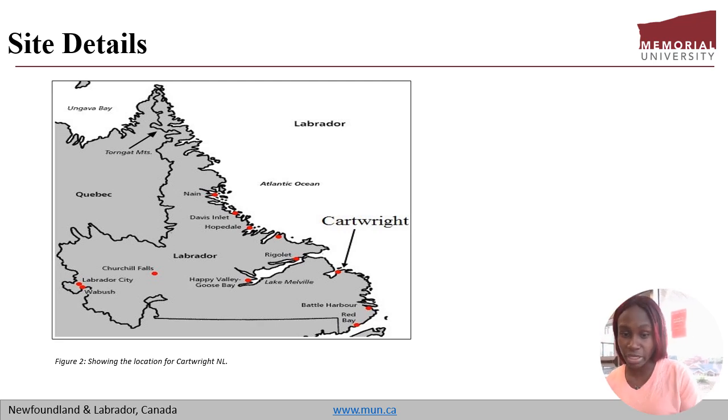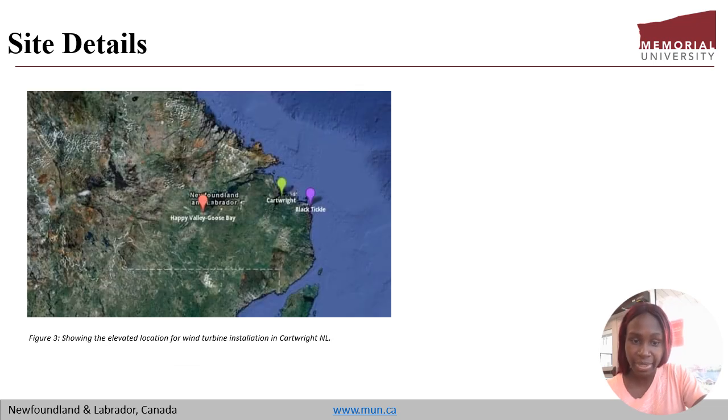We have 450 kilowatts, 2 of those, and 600 kilowatts and 1,050 kilowatts operating currently to supply electricity. The total diesel consumption by the plant amounts to about 1.2 million liters per year. This hybrid system can help to reduce the electricity cost. Now, Cartwright relies on ferry service.